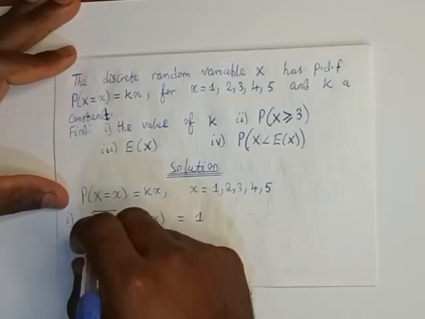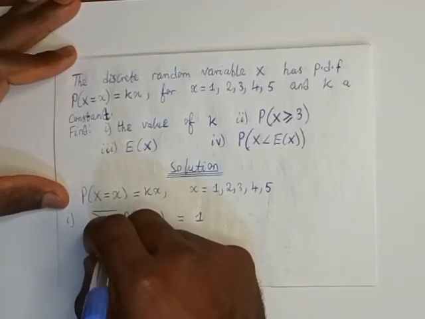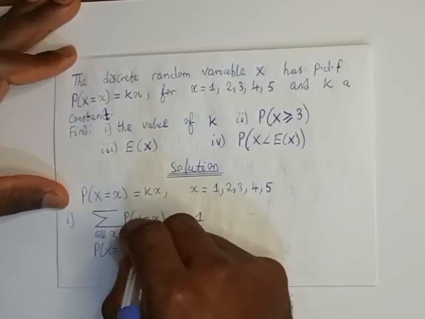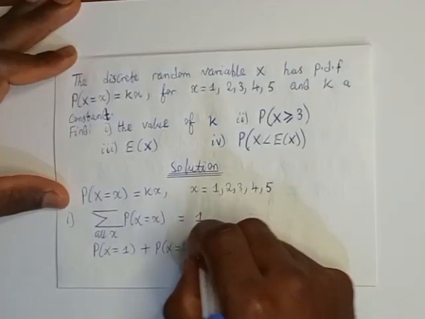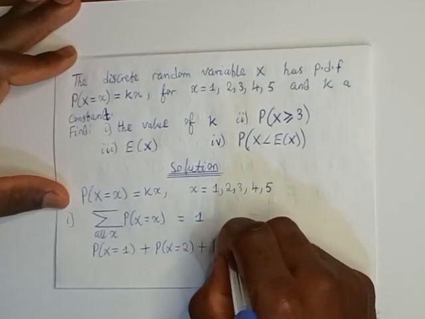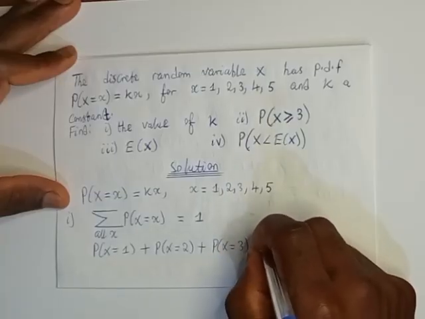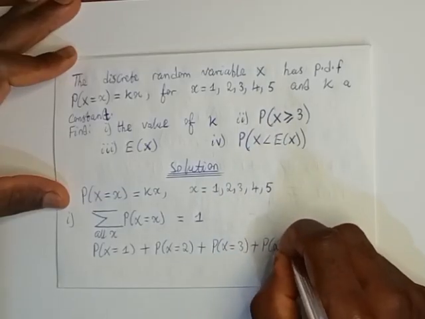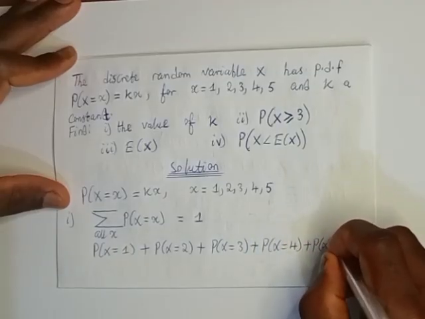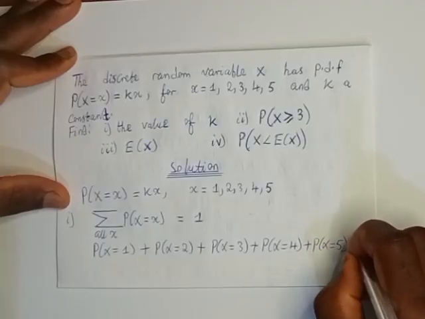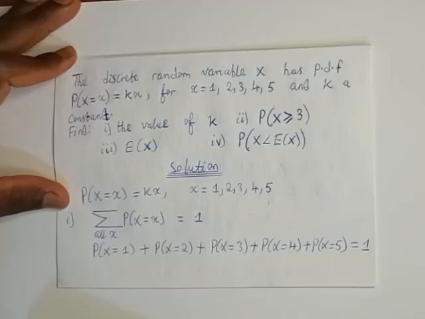This will give us P(X = 1) + P(X = 2) + P(X = 3) + P(X = 4) + P(X = 5) = 1.